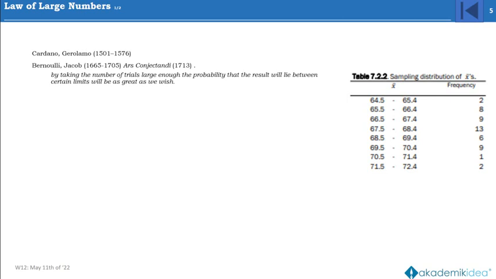This theorem became generally known as Bernoulli's Theorem.